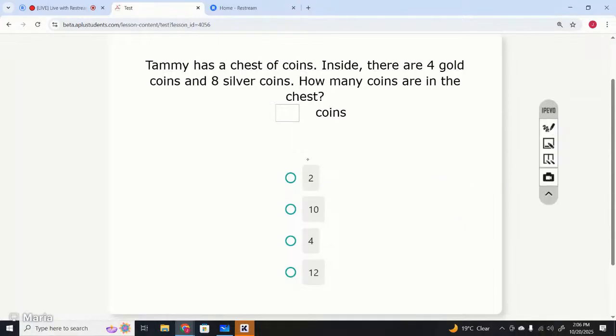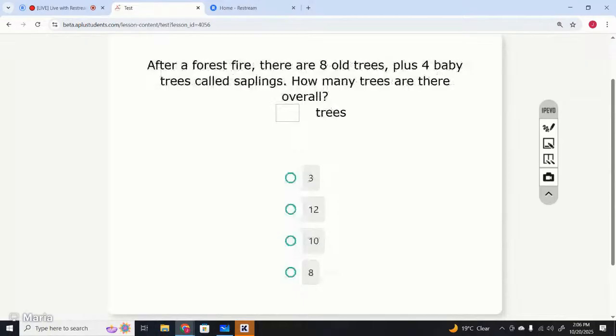The correct option is 12. Option number 4 is the correct option. After a forest fire, there are 8 old trees and 4 baby tree saplings. How many trees are there overall?